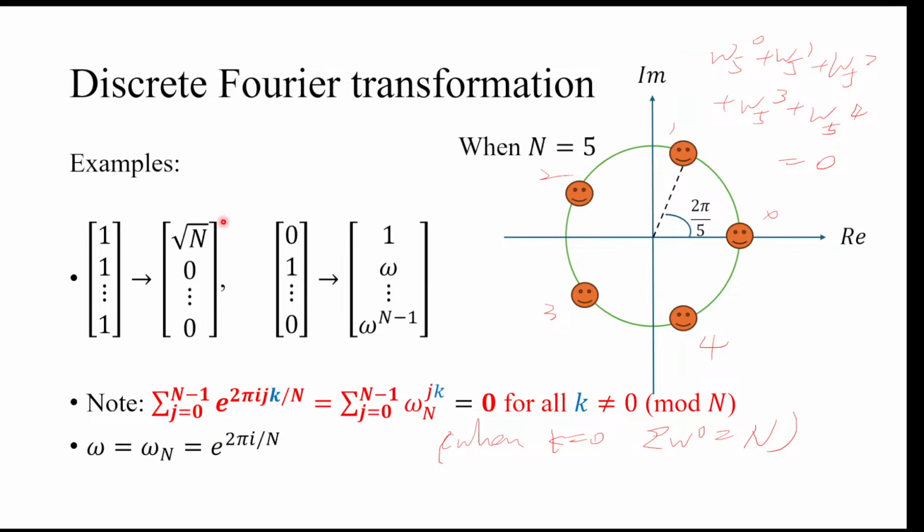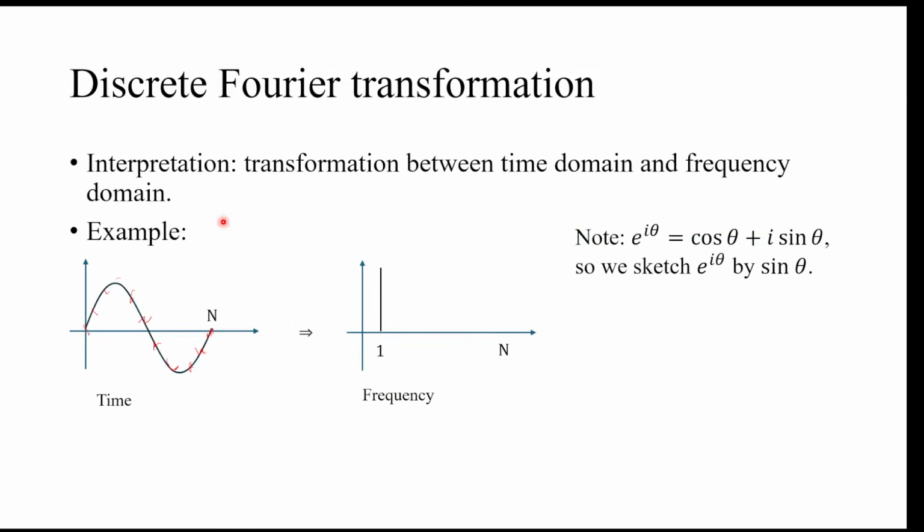And let's talk a little bit about actual signal processing. So why do people like Fourier transform? What people like is you can transform your signal between the so-called time domain and the frequency domain.